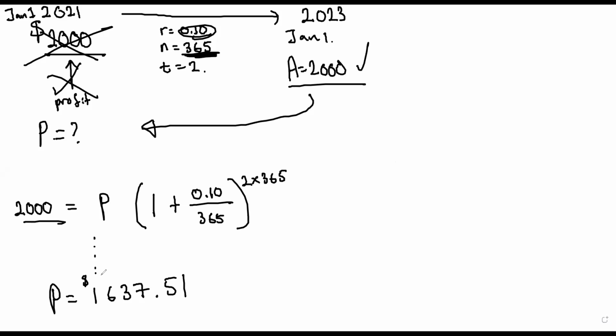So if you did pay $2,000 for a computer 2 years from now, because of the way they were calculating interest, it's as if you paid 1637.51 now with an agreement of 10% per year compounded daily. So that's another way you could think about purchasing, or rather a purchasing promotion.